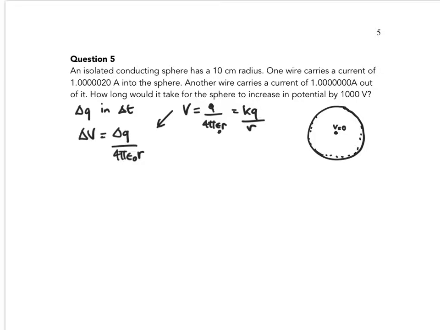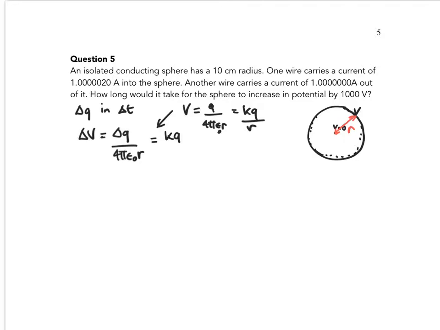Then we've got some potential at the surface. So we're looking at this change over the distance from the center to the surface, R. We've got a potential difference, and we're building that up by building charge on the sphere. So that's where the R comes into it.